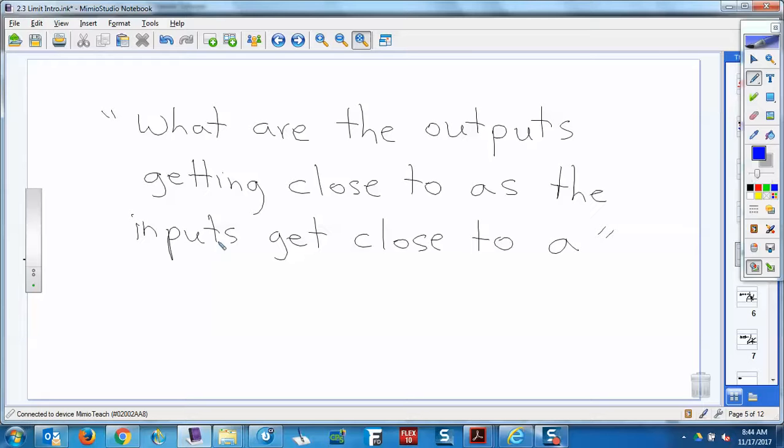And the outputs in our problem have been slopes. We got 2 points and did the slope, got closer and did the slope, got closer and did the slope, because our formula has been a slope formula. As h gets closer and closer to 0, our slopes get closer and closer to whatever the slope would be at that one point.